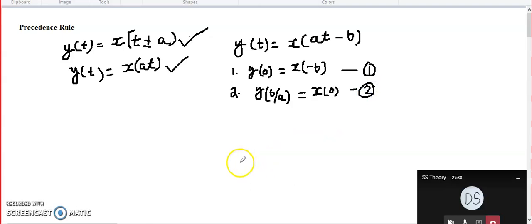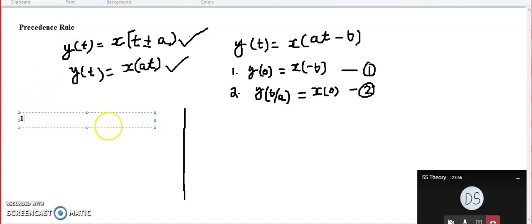Now we can have two types of operations. One is when time shifting is done first, followed by time scaling.